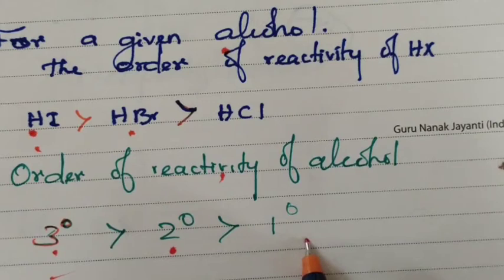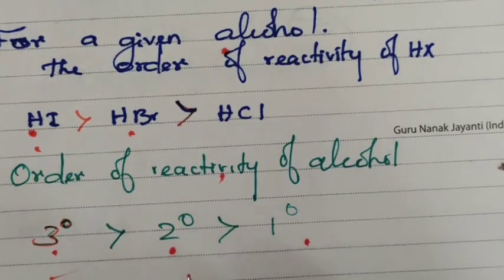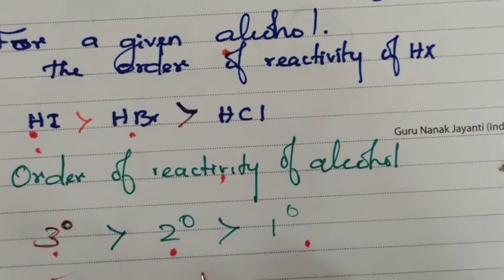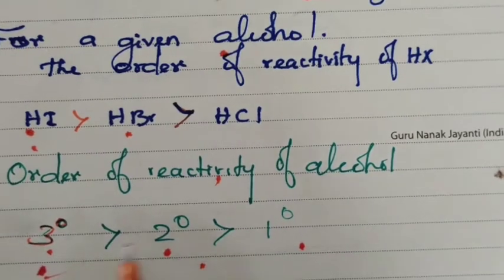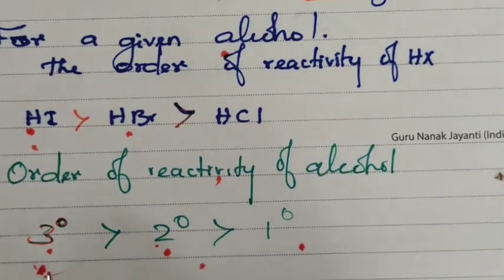Sometimes no reaction may take place. But if you take secondary alcohol, the reaction will take place within 15 to 30 minutes. But for tertiary alcohol, the reaction takes place immediately. So it is a test. This test is called the Lucas test. The Lucas test is used for distinguishing primary, secondary and tertiary alcohol.